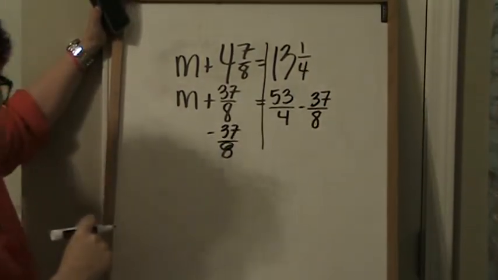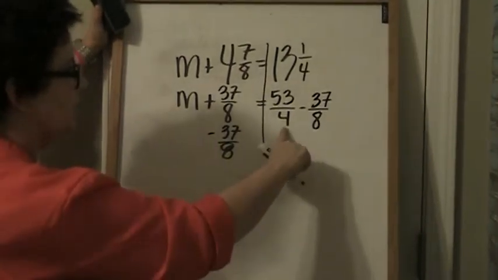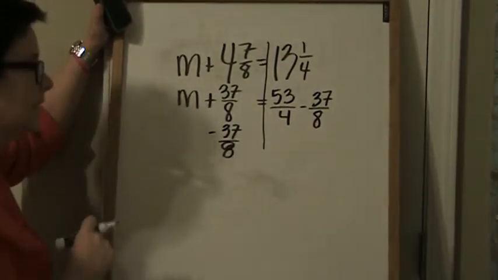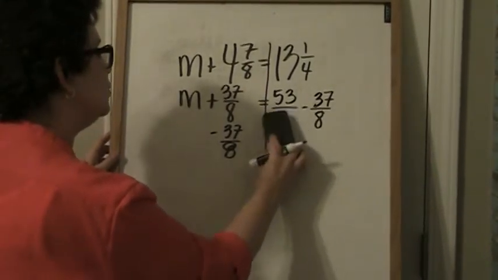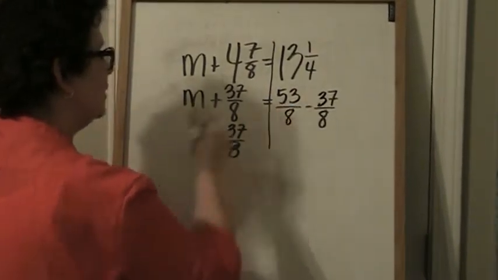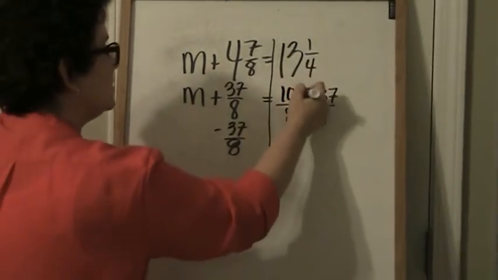Hope you remember, you need a common denominator. The common denominator for 4 and 8 is 8. So that's going to be 4 times 2 is 8, and 53 times 2 is 106.